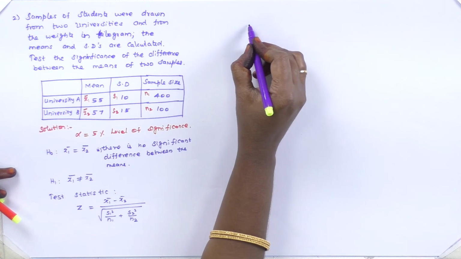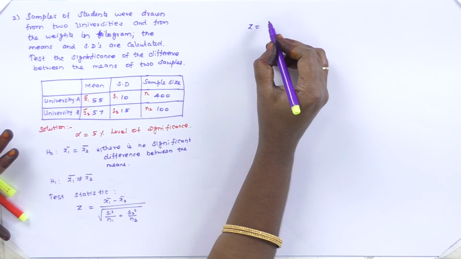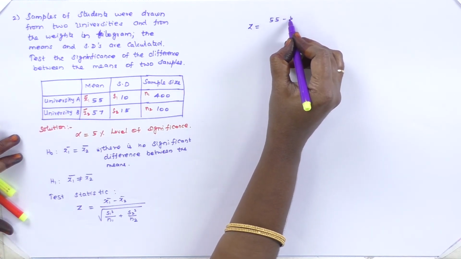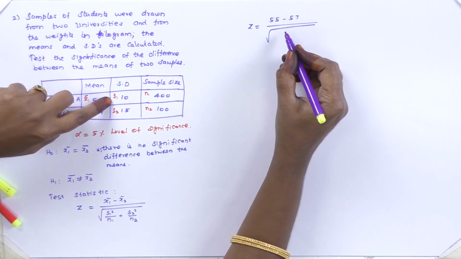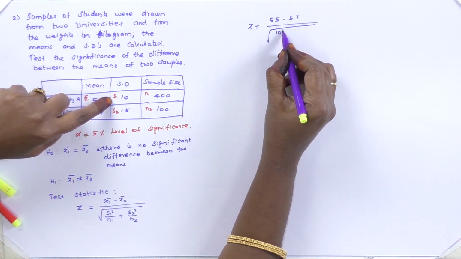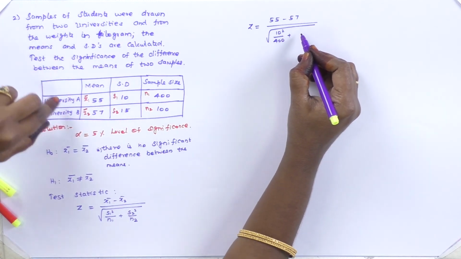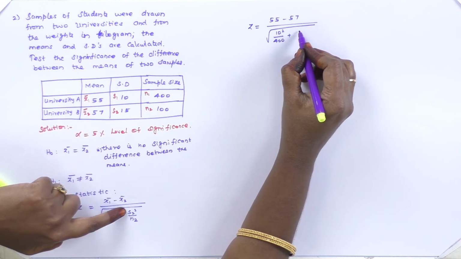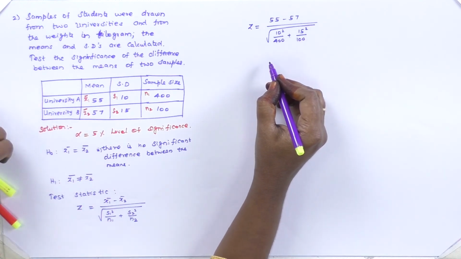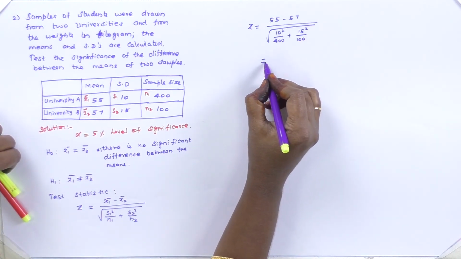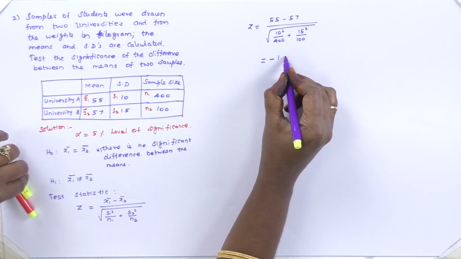Now we substitute the values: x1 bar is 55, x2 bar is 57, and the square root of S1 square, that is 10 square, divided by N1, that is 400, plus S2 square, that is 15 square, divided by N2, that is 100. On simplifying this equation, we get the answer minus 1.265.